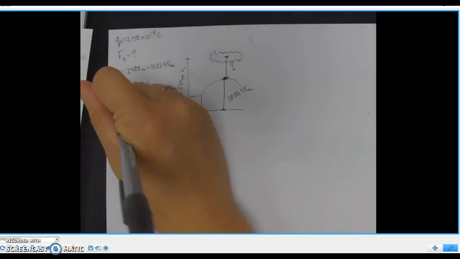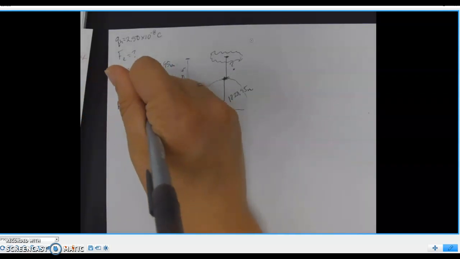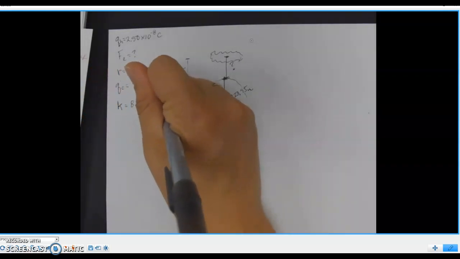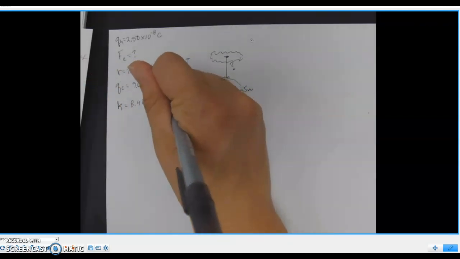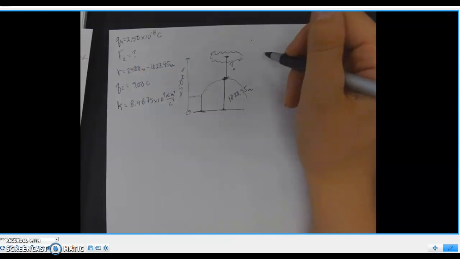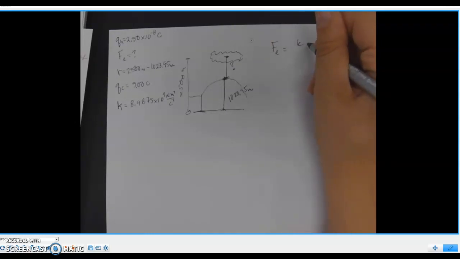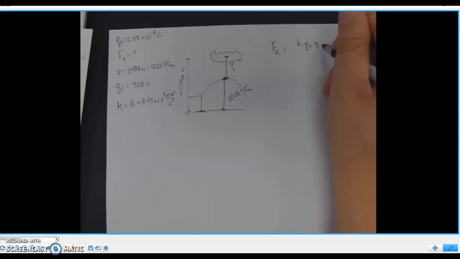This Coulomb's constant, 8.9875 times 10 to the 9th newton meter squared per coulomb squared. Okay, the equation for force electric is equal to K, Q1, which is our hammer, Q2, which is the cloud, divided by the distance between them, squared.